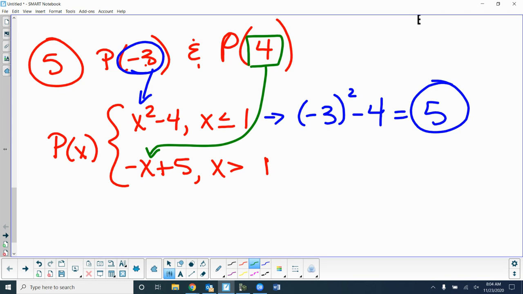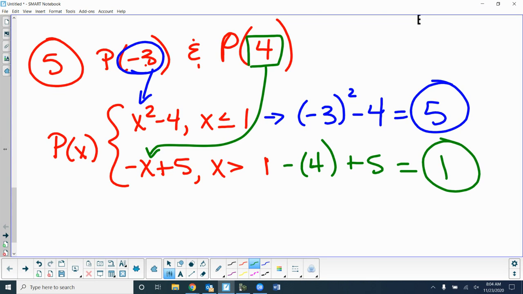So that's -4, oops, -4 plus 5 which is 1. That's all I gotta do. Figure out where this number fits, top or bottom one, and plug it into that function, figure out your answer. Don't have to graph it, don't have to do anything else. Really easy. Okay? Questions?